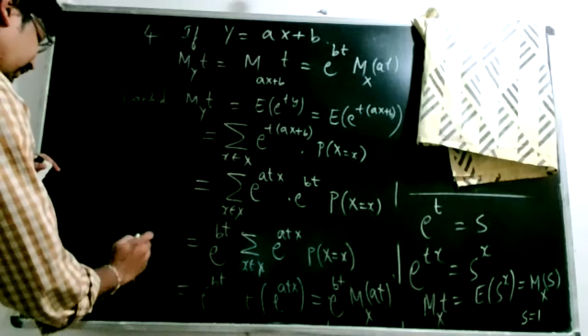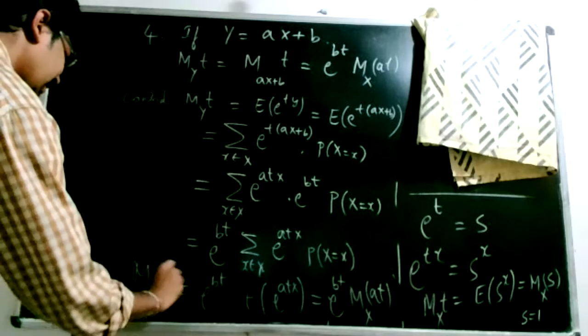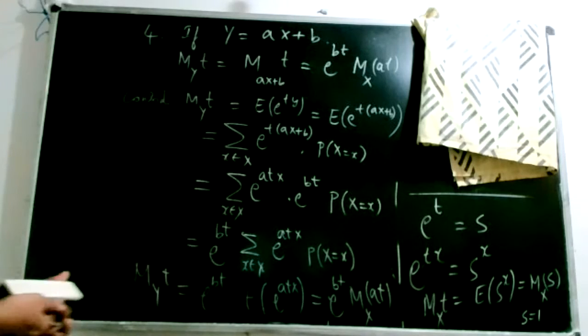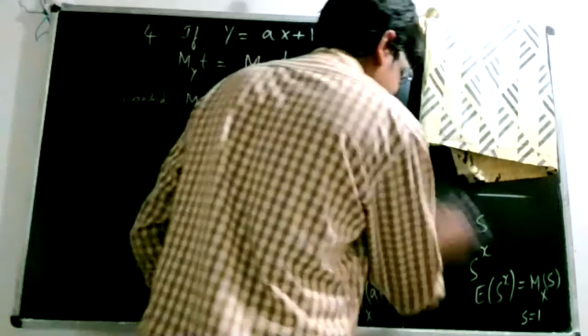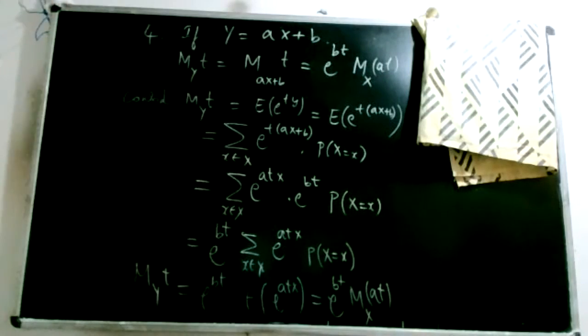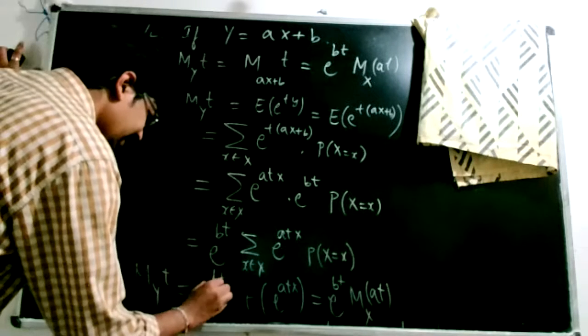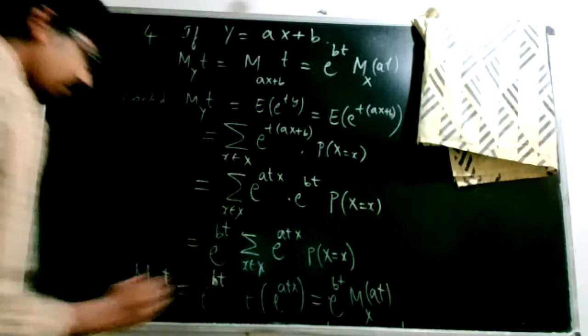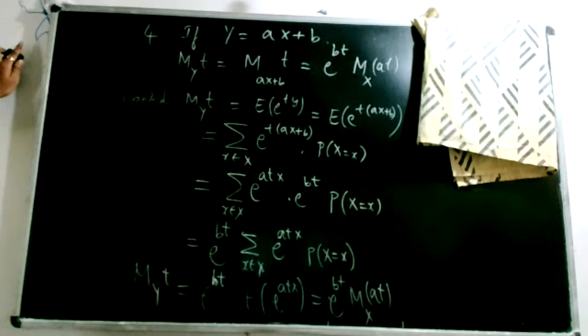So the MGF of y, where y is equal to ax plus b, is e^(bt) into the MGF of x with t replaced by at. So we'll look into some examples and see how well we can apply the properties.